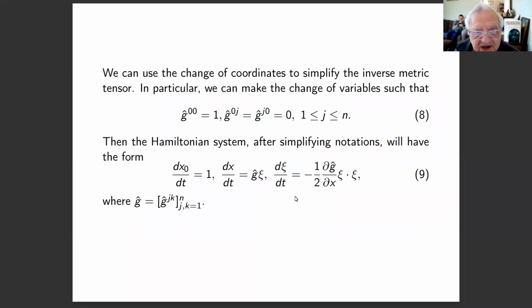So we can use this change of variable to make the inverse metric tensor in new coordinates such that g^00 equals 1, g^0j equals 0, and then the Hamiltonian system after simplification of notation has the form dx0/dt equal 1, dx/dt equal g hat xi, dxi/dt equal minus 1/2 dg/dx xi dot xi, where g hat is the inverse metric tensor in new coordinates.